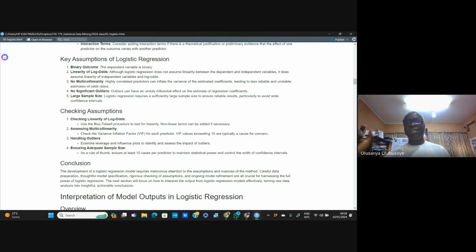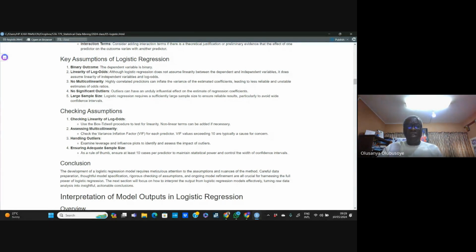So you look at the residual plot to check if there are outliers or if there are influential observations. Finally, to ensure adequate sample size, the rule of thumb is that you have at least 10 observations, 10 cases per predictor, so that statistical power can be maintained.